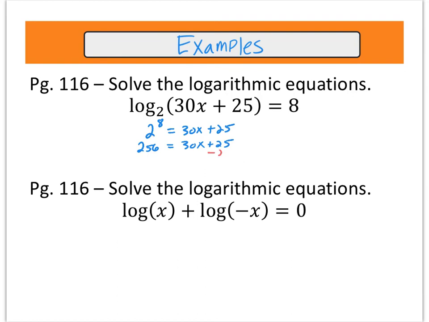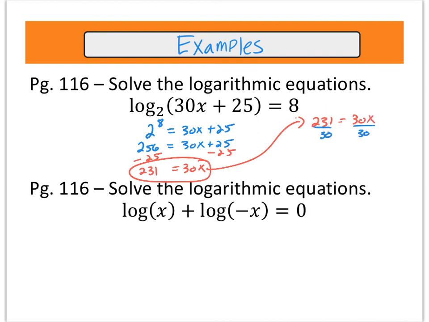Balanced move, subtract 25 on both sides. So we get 231 equals 30x. Divide both sides by 30. We're going to get some weird answer. 7.7 equals x.